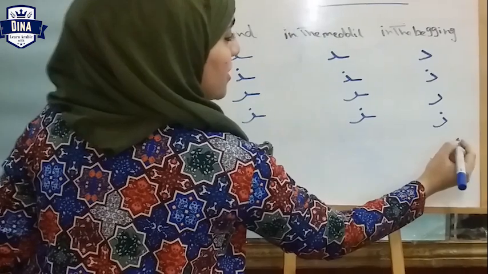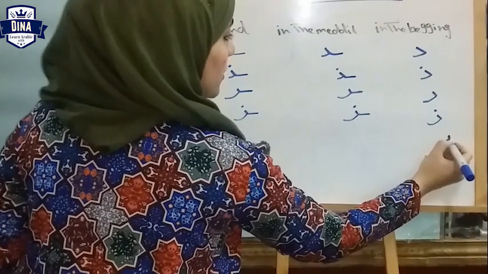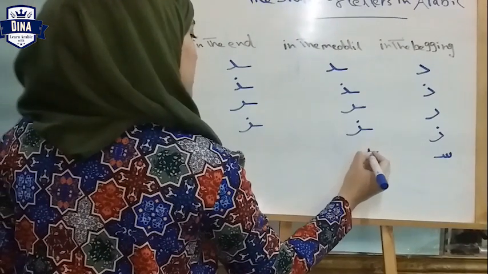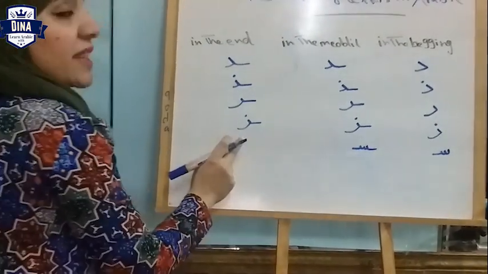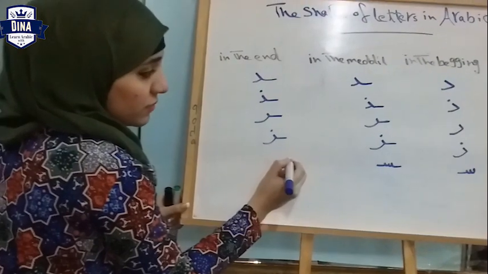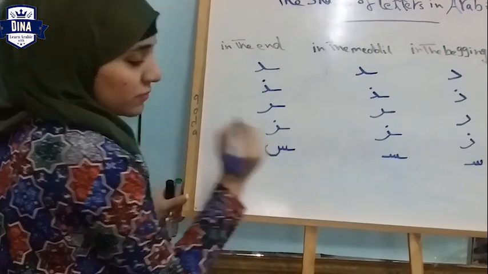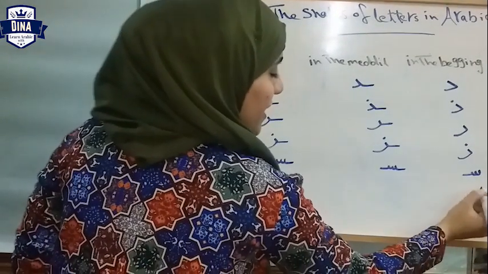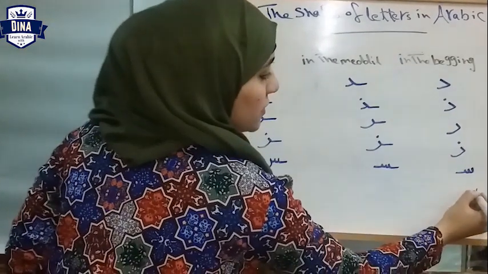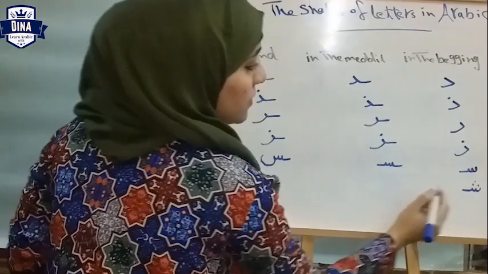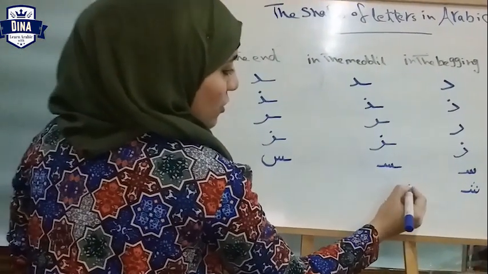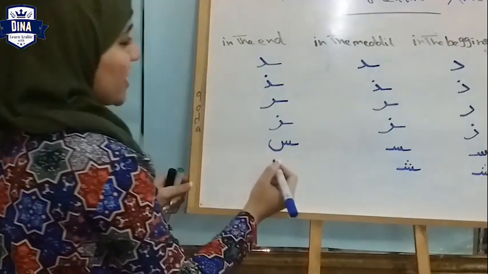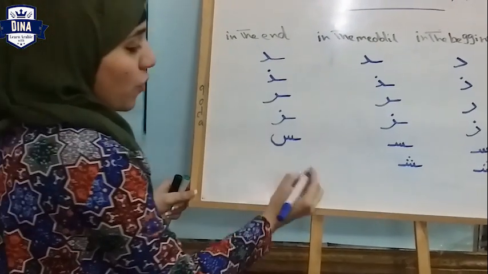Seen when it's coming in the beginning of word, when it's coming in the middle of word, when it's coming in the end of word. Sheen when it's coming in the beginning of word, when it's coming in the middle of word, Sheen when it's coming in the end of word.